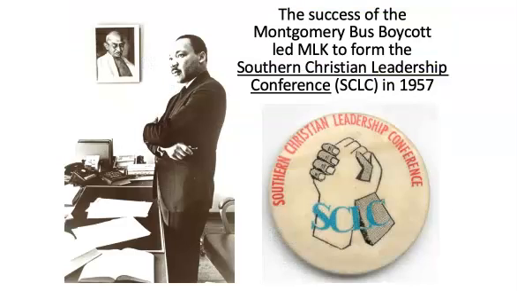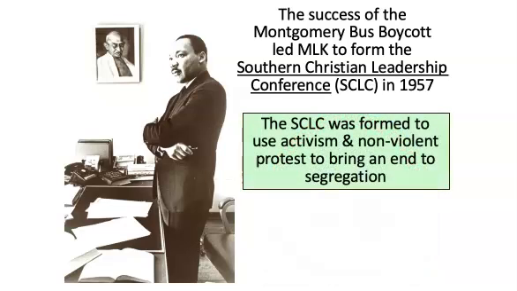Because of the success of the Montgomery bus boycott, Martin Luther King Jr. is going to form the Southern Christian Leadership Conference, or the SCLC, in 1957. It was formed to use not only activism, but also nonviolent protest to bring an end to segregation. He was, as you can see from the picture hanging on the wall next to his desk, inspired by people like Mahatma Gandhi from India and their nonviolent protests.